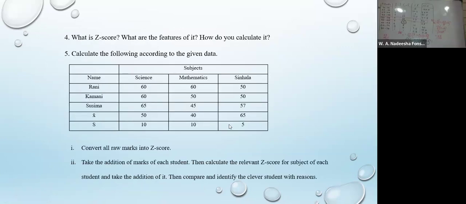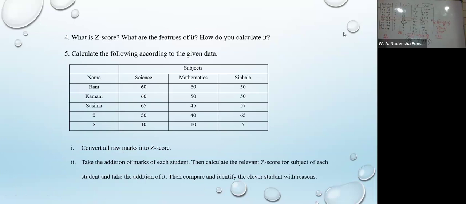Then last day we discussed this, but we didn't calculate. What is Z-score? What are the features of it? How do you calculate it? Then calculate the following according to the given data. Convert all raw marks into Z-score. Then take the addition of marks of each student.